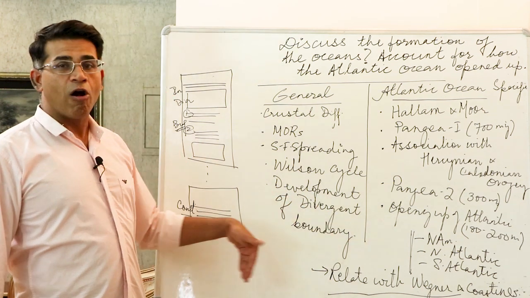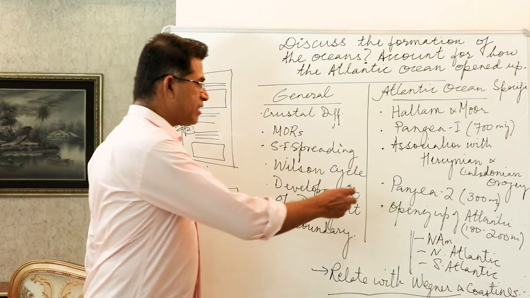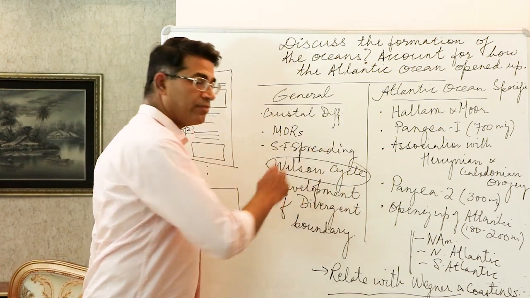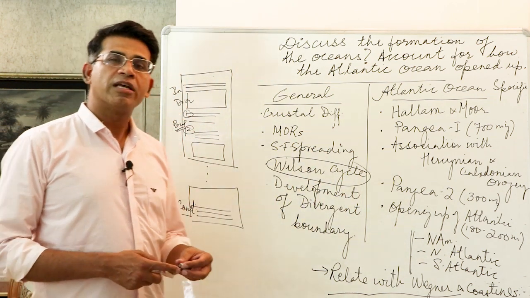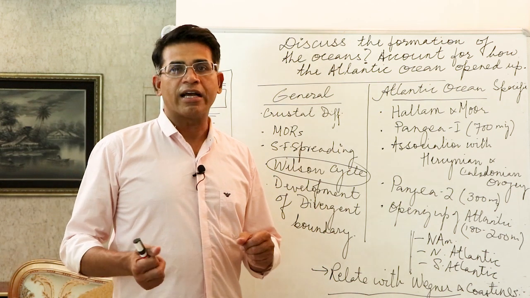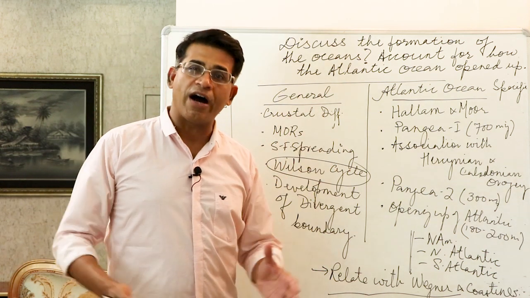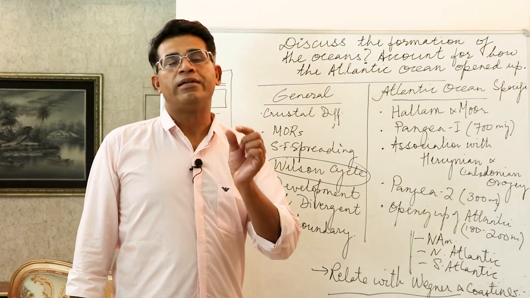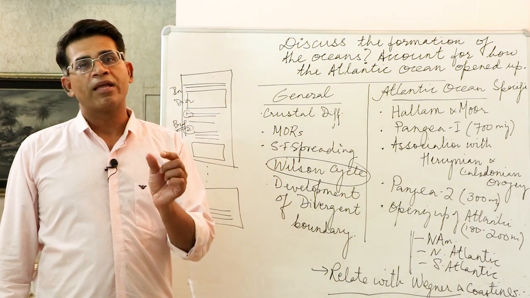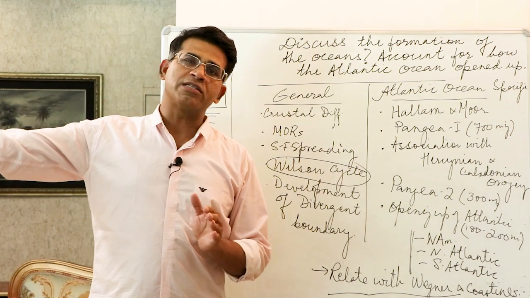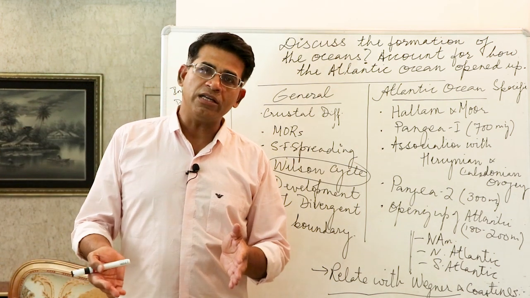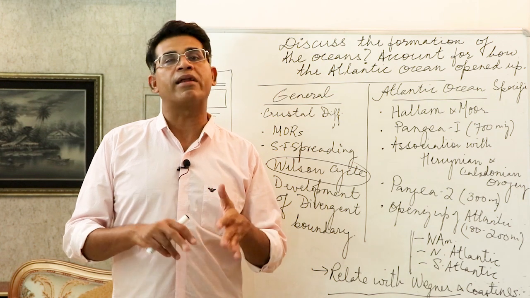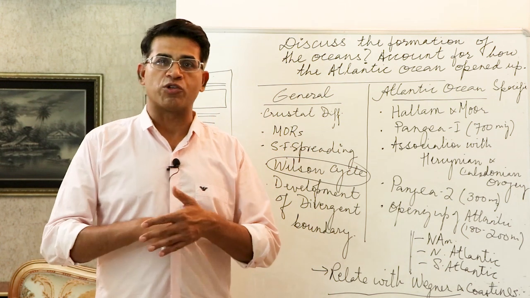Linked to all of this is a concept called the Wilson cycle. Some of you would know this. It tells us the whole sequence of how the process starts with a small nascent ocean like the Red Sea, and ends with ocean subduction, the ocean-continent margins, and ultimately continental fusion.